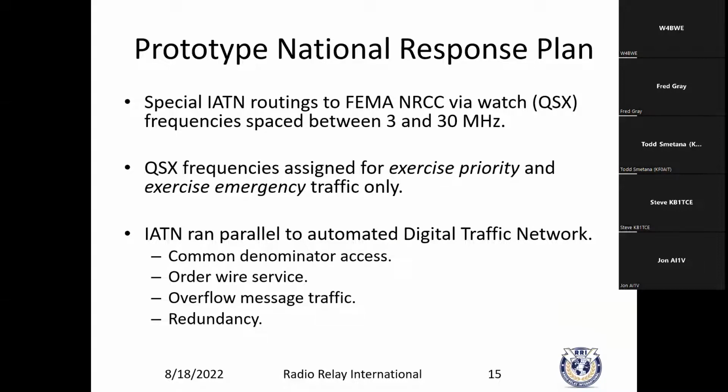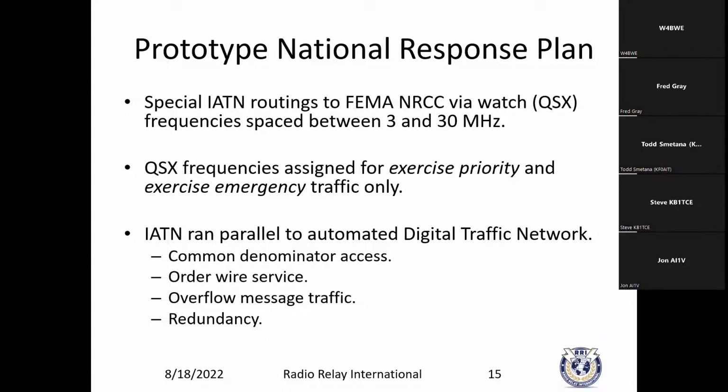We established these watch frequencies for both voice and CW at various frequencies in the HF spectrum. These became specialized point-to-point circuits where traffic could be injected in the disaster area and routed to the National Response Coordination Center. Again, these were limited to exercise priority and emergency traffic only.